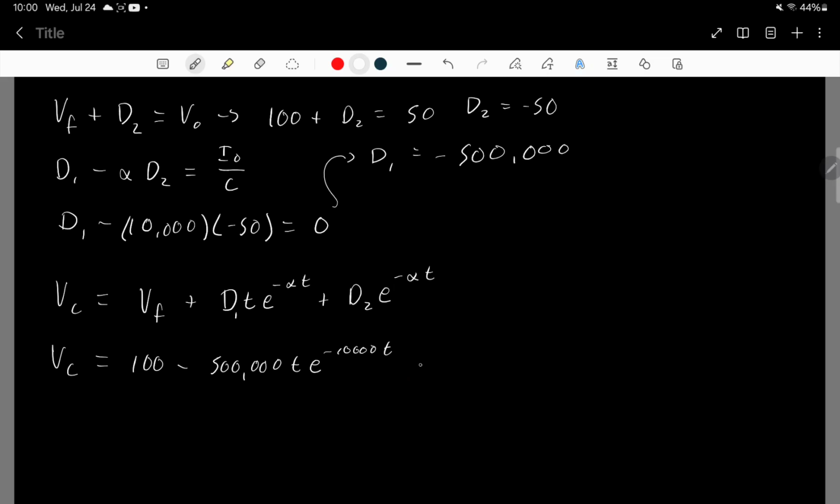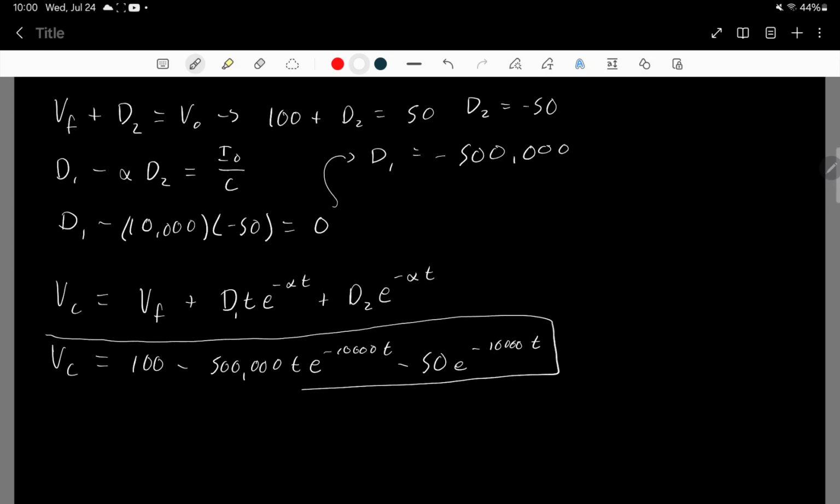Our D2 is negative 50. Negative 50 e to the negative alpha, that's correct, but we need the actual number, so e to the negative 10,000 t. And of course this is in volts.